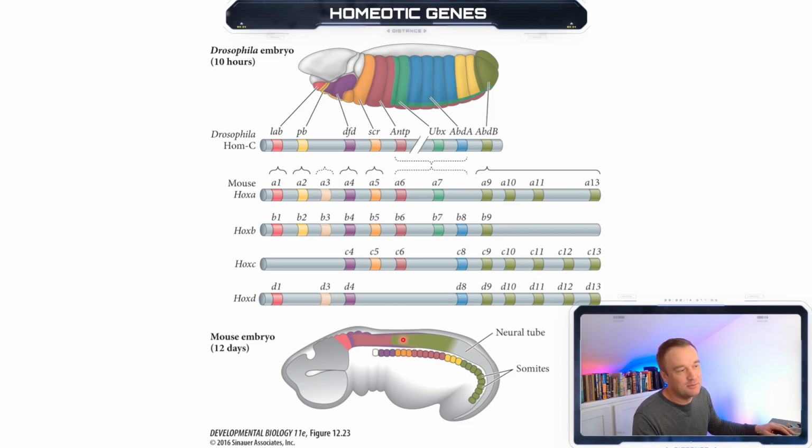But yeah, you see that all the way down to the tail here, we have these A13, C13, D13, which would be akin to the ABDB. Still, in this case, the posterior somites down here express it, and the tail section of the Drosophila expresses it. Very cool.